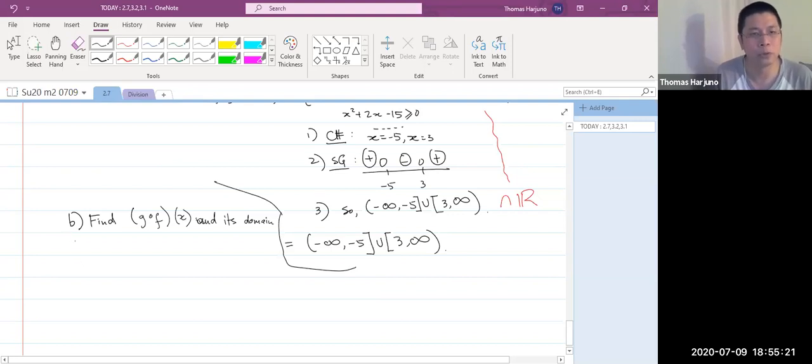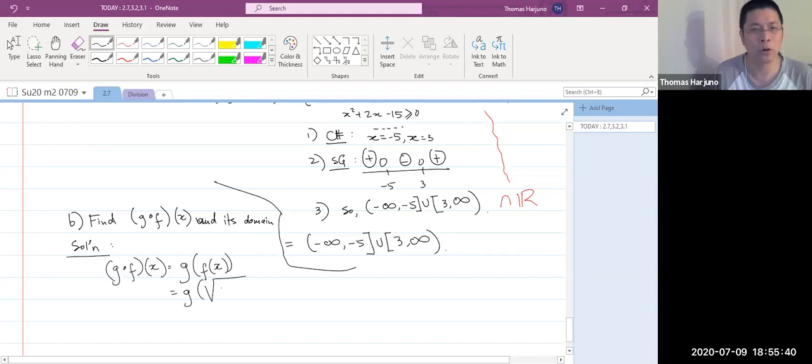So, solution, g compose f of x is g of f of x. That's g of the square root of x minus 15.